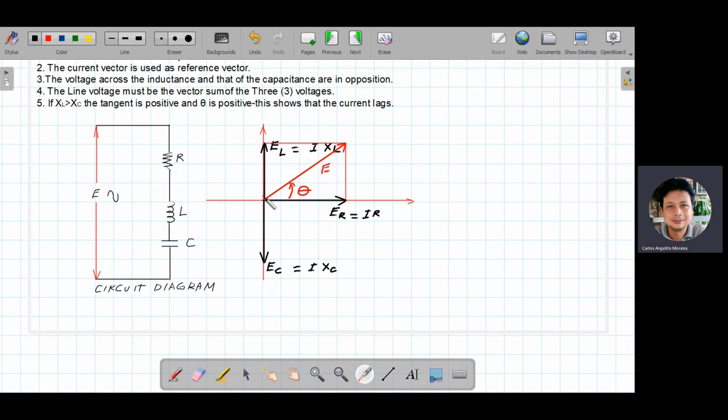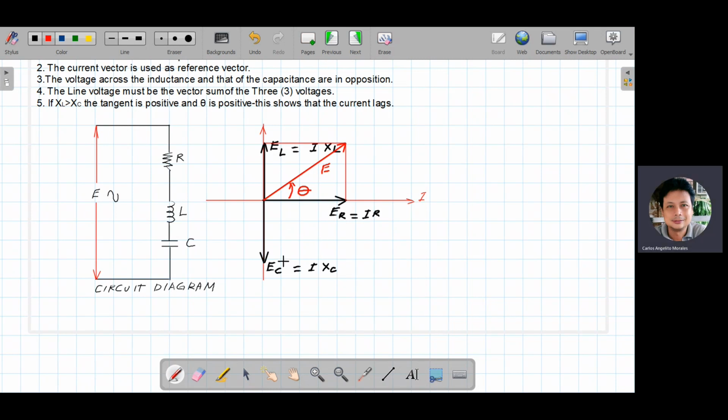Yung purely inductive naman, nagli-lead yung voltage sa current, naiiwan yung current. Nauuna yung E sub L sa I. Tapos, nahuhuli naman yung capacitive voltage sa current.